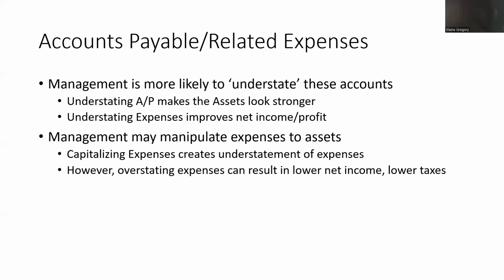I mean, shareholder wealth growth, that's what you want, right? Well, if you want to minimize taxes, if you have less profit, you have less tax obligations. So sometimes understating expenses improves the net income profit, whereas overstating these expenses can result in tax minimization.